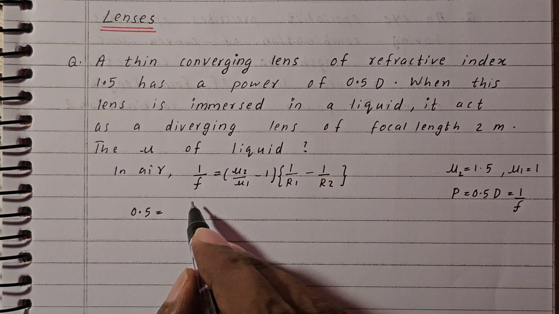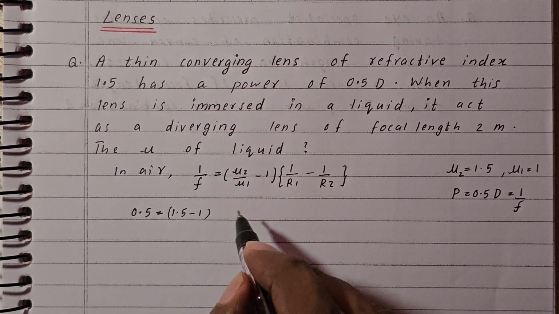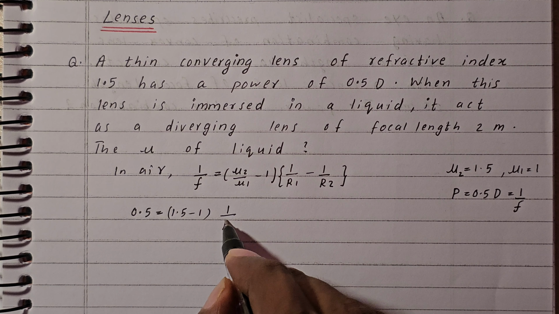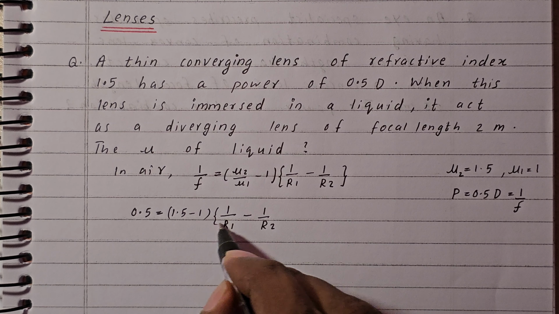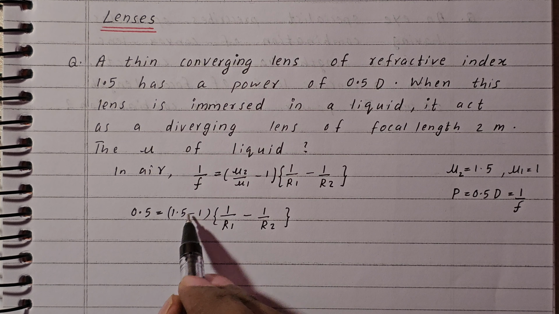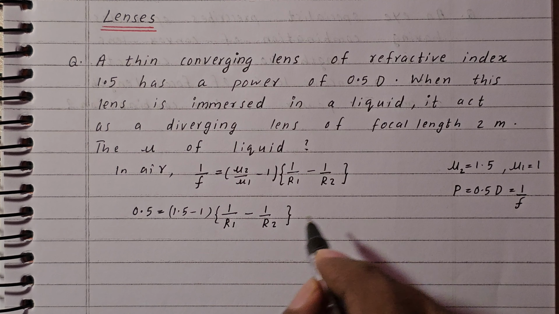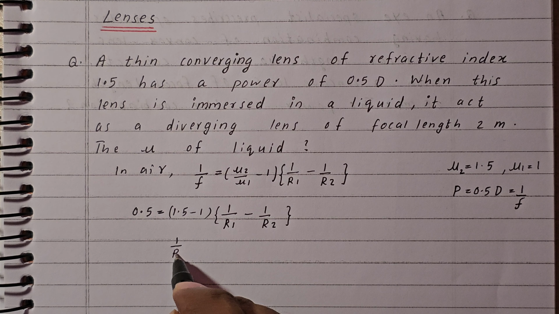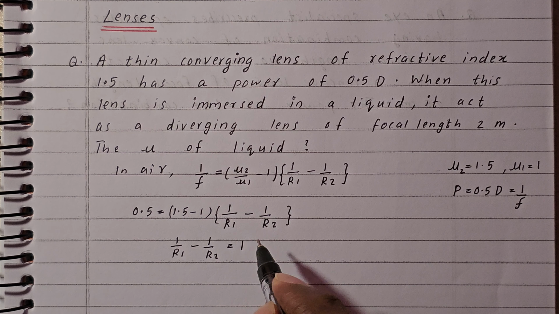So by putting the values we get 1.5 minus 1 times 1 upon r1 minus 1 upon r2. So 1.5 minus 1 is 0.5. 0.5 cancels. So the result is 1 upon r1 minus 1 upon r2 is equal to 1.